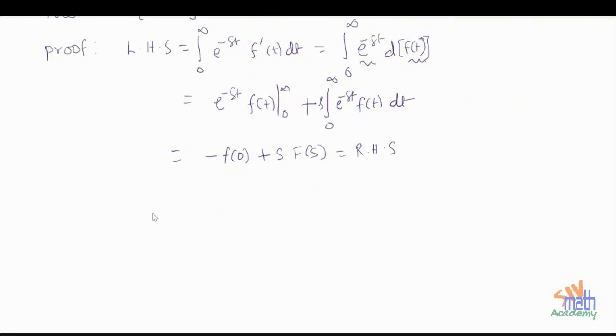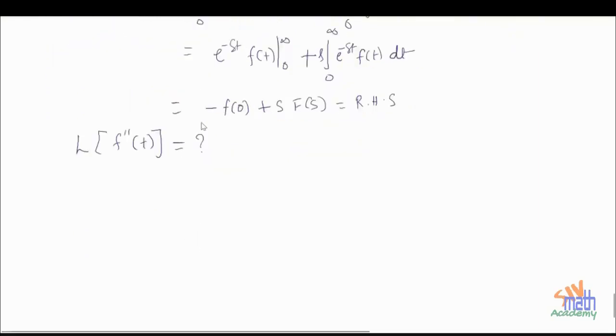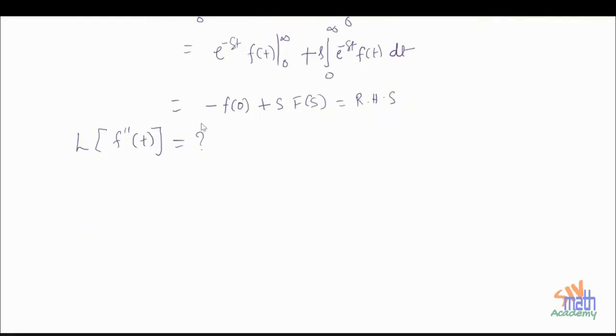Okay. So the question is, sir, we have successfully done this. Can we have a formula for L of f double dash of t? Correct? That is the question. So for this, what you do is let g of t be equal to f dash of t. So what is g dash of t? It will be f double dash of t, correct?